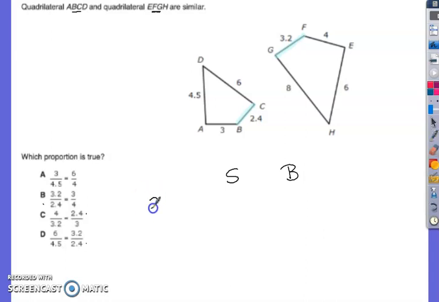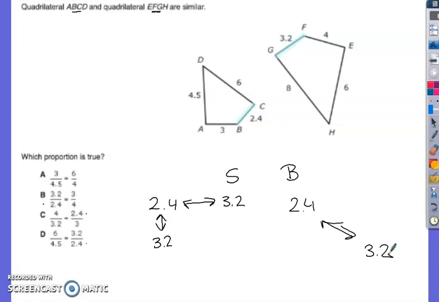They either have to be up and down, 2.4 with 3.2. Either way, it doesn't matter which is which, or side by side. Okay? It cannot be diagonal. If you see 2.4 with 3.2 diagonally, that's going to be incorrect.